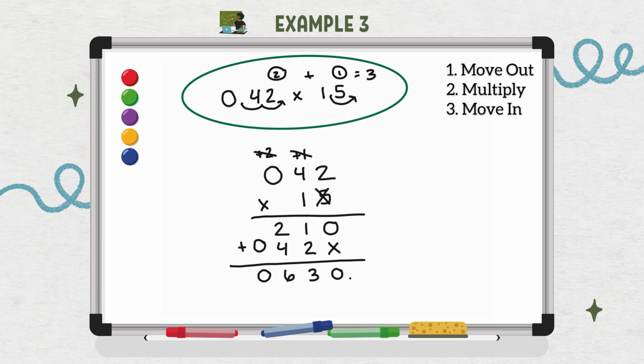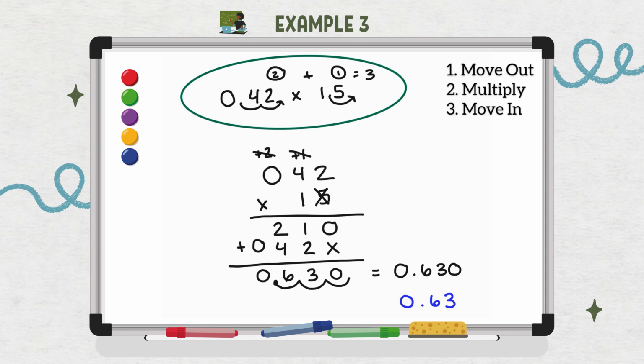So I'm going to start from the right of my number and move it in 1, 2, 3. Our final answer is 0.630. That is the same thing as saying 0.63, because trailing zeros can be dropped. Be sure to box in your final answer.